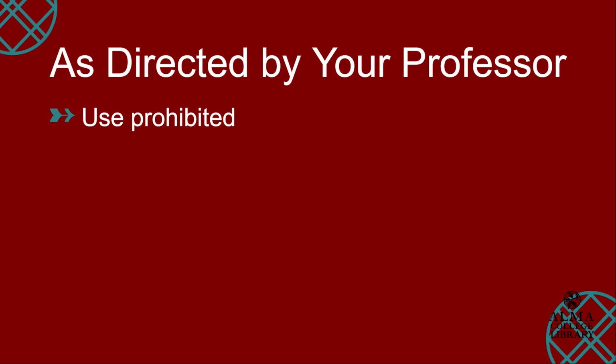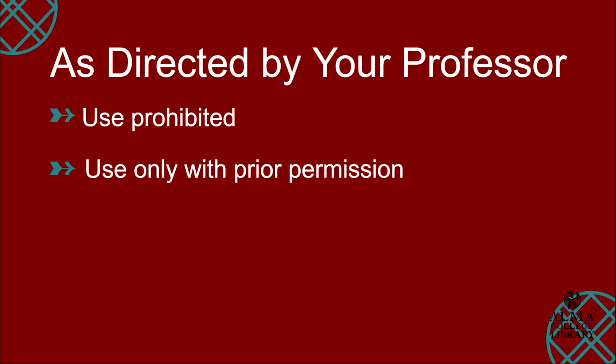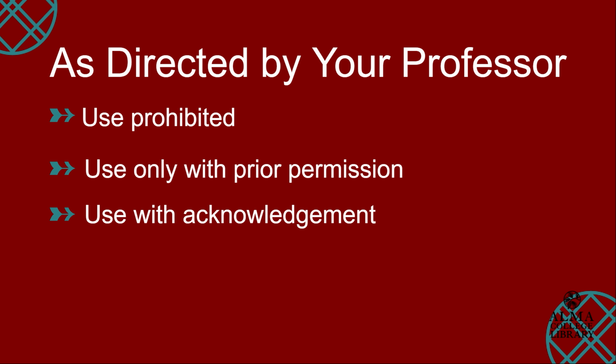Students are never allowed to use generative AI on any assignment. Number 2, use only with prior permission. Students must obtain permission from the professor in advance before using generative AI tools. Number 3, use with acknowledgement. Students are allowed to use generative AI tools if that use is properly documented and credited.